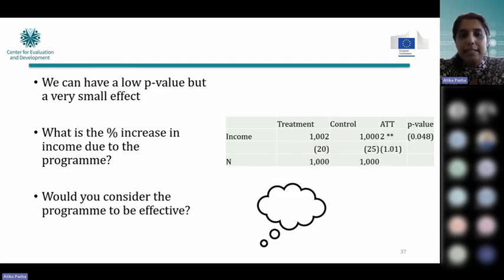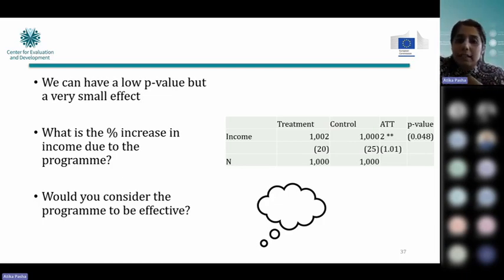In our example, let's say that the income level in the treated group is 1,002 units, whereas in the control group it is only 1,000 units. So actually, in absolute terms, you've only managed to increase your result through the program by 2 income units. This is really nothing in terms of an economic impact.